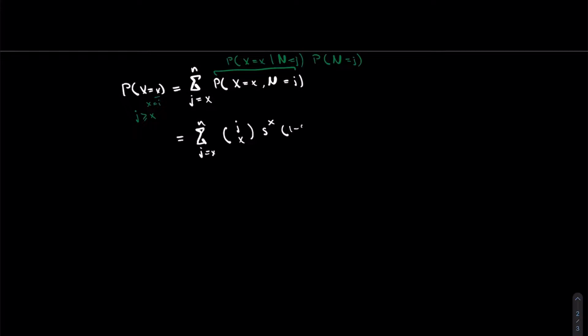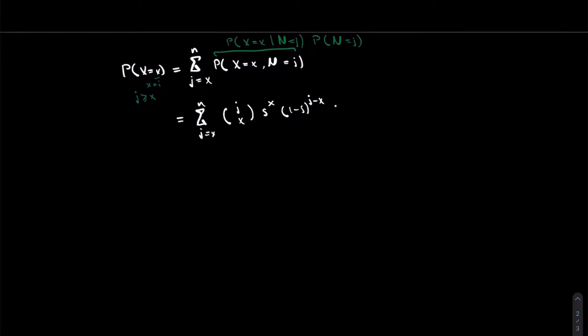We have 1 minus s to the j minus x that don't survive, and then we're multiplying that by the marginal of n, which has to be n choose j. So n is given for us. We know that n is the number of eggs, and p of them hatch, and so j of them will hatch. The 1 minus p to the n minus j won't hatch.